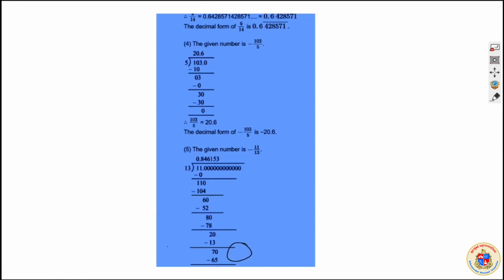The next one is dividing 103 by 5. You are having zero remainder. Naturally 20.6 is the answer. The next one is minus 11 upon 13. When you divide 11 by 13, that is the next one.